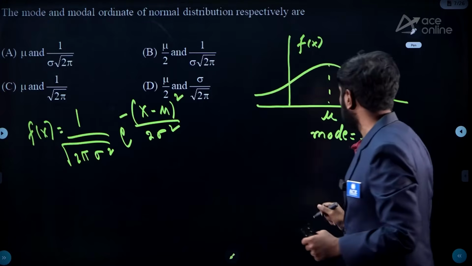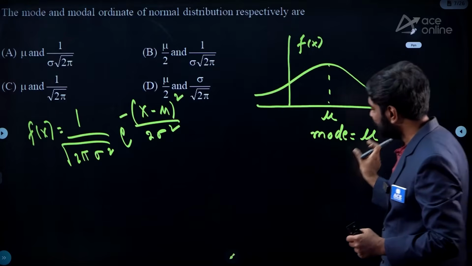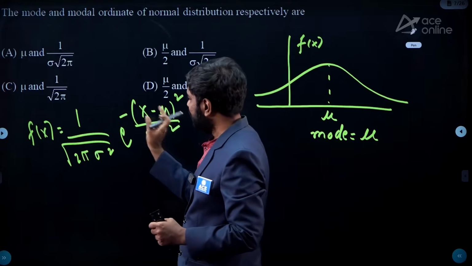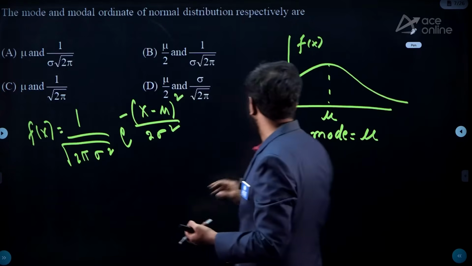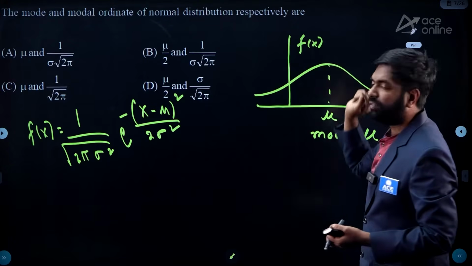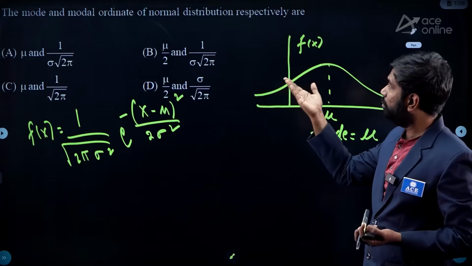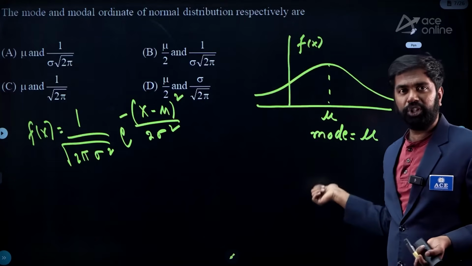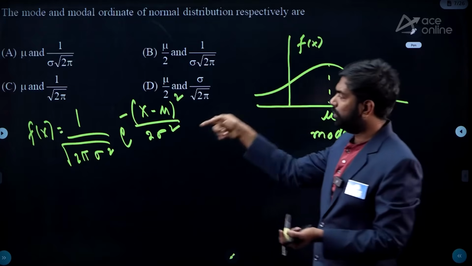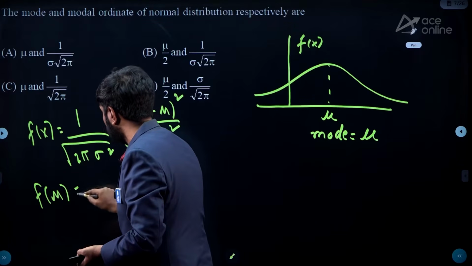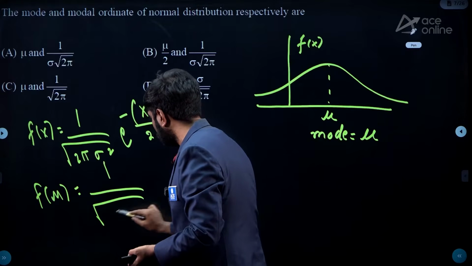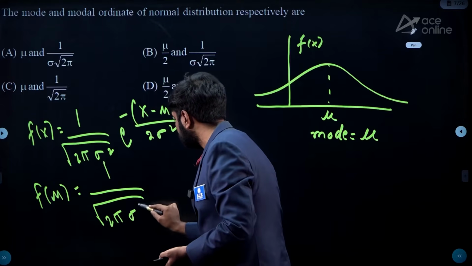Now, after getting the mode, you substitute this x value here and see what f of x is. At mu, the f of x value is nothing but the modal ordinate. The mode is mu. Substitute x equal to mu and extract f of mu, which is 1 by root 2 pi sigma square.